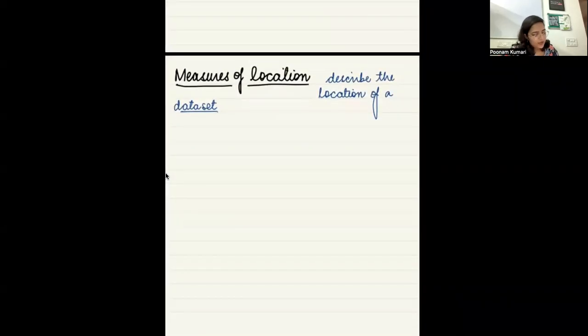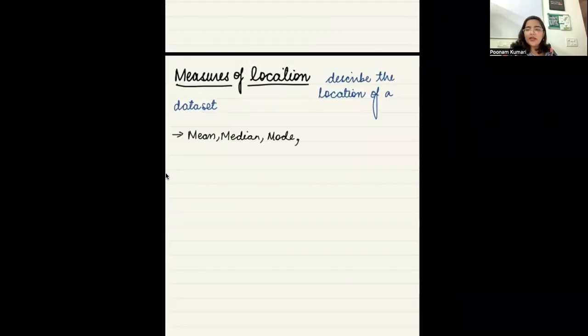Okay. All right. So what all measures do you know which tell you the location of your data? What are the different things that you have read so far? Mean, median, mode.